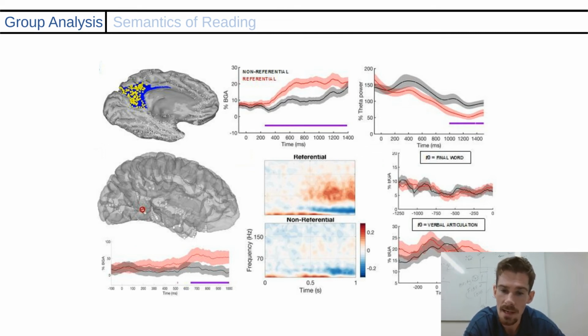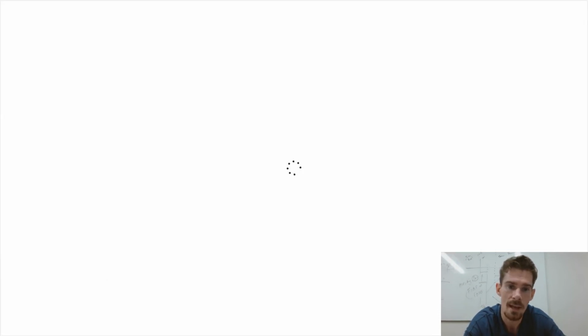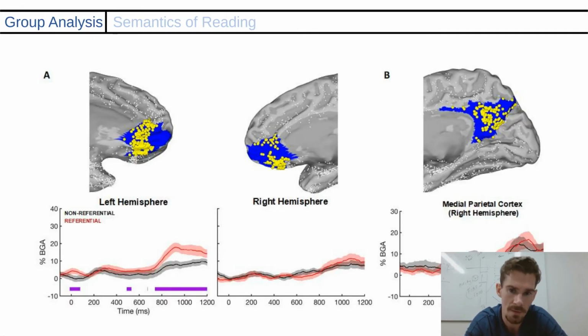So the effect in MPC and IFS seems to be, as I mentioned, an effect of meaning. We also plot the differences between left and right hemisphere here, just to show that the effect is indeed specific to language dominant left hemisphere, and it's not an effect of right hemisphere. So we also showed this effect in VMPFC, ventromedial prefrontal cortex, which has also been implicated in the last 5 or 6 years in forms of higher order combination and coherence.